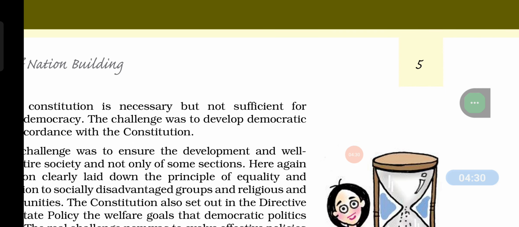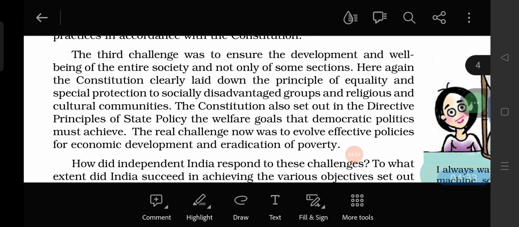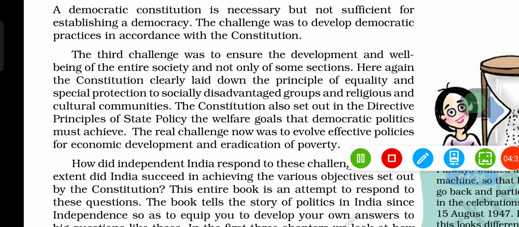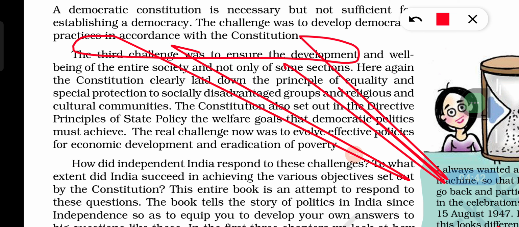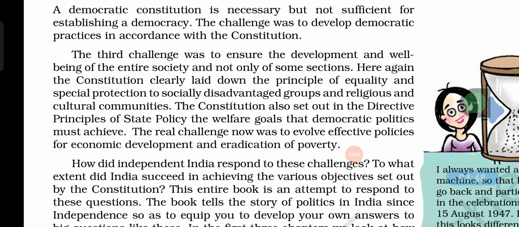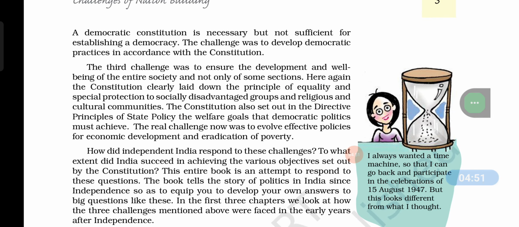The third challenge is a major and critical challenge: development. What is development? Many Indians and politicians decided that they would work for the betterment of the whole community, from the lower classes to the upper classes. That was the main aim at that time.